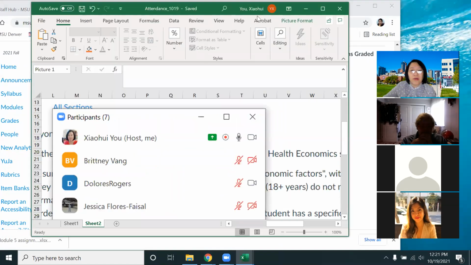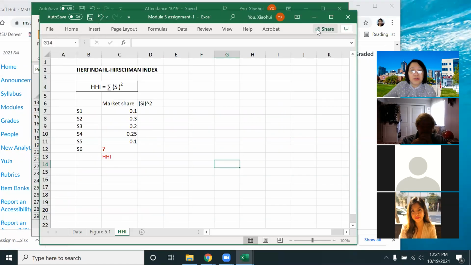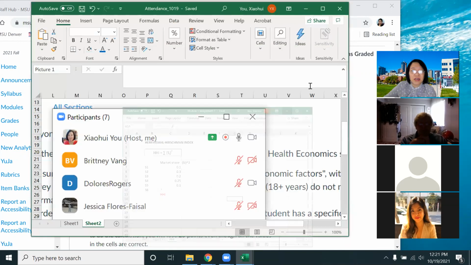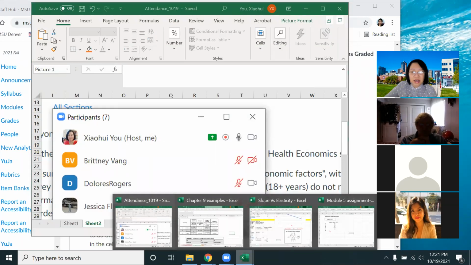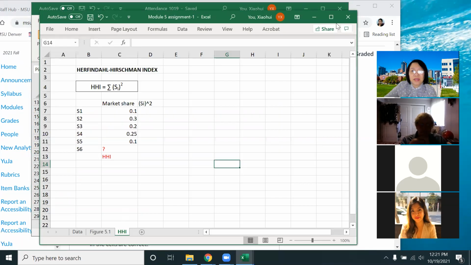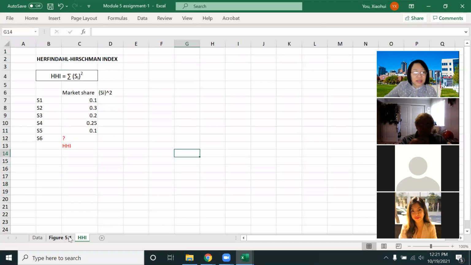The online calculation question related to chapter 9 is the Herfindahl-Hirschman index calculation. That's actually pretty easy. And the module 5 assignment is actually pretty easy.